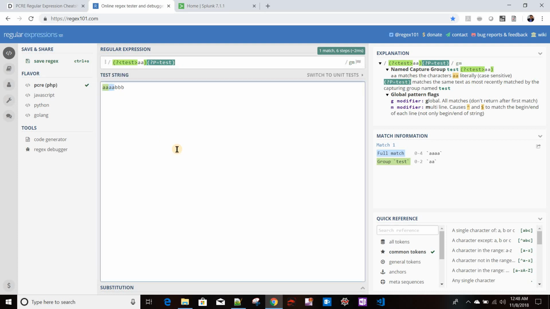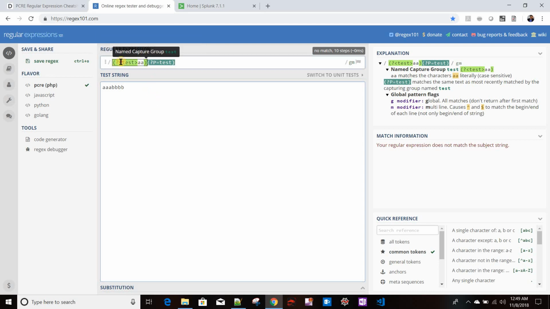Now if I give something like this, let's say after AA I have AB, you see there is no match happening here. Why?